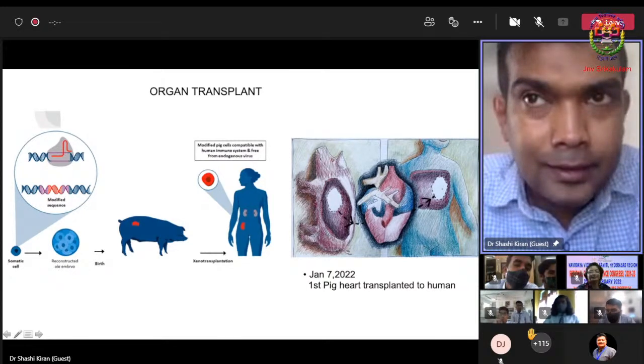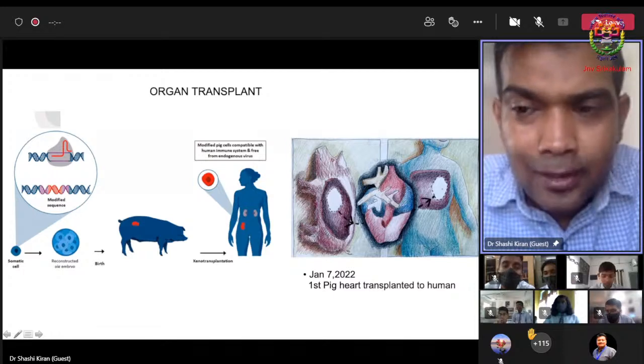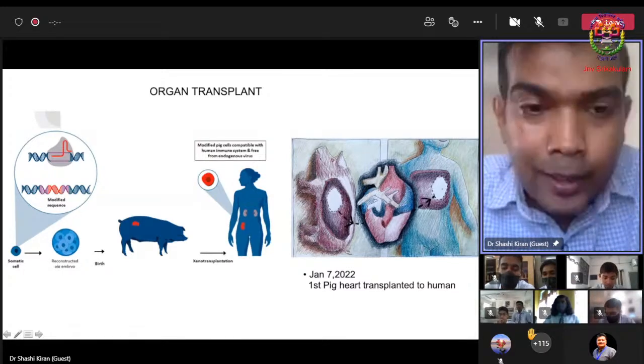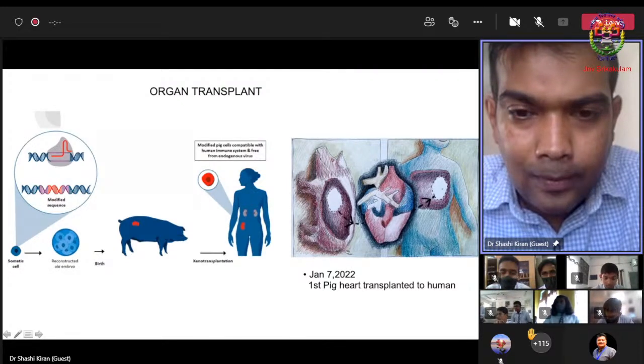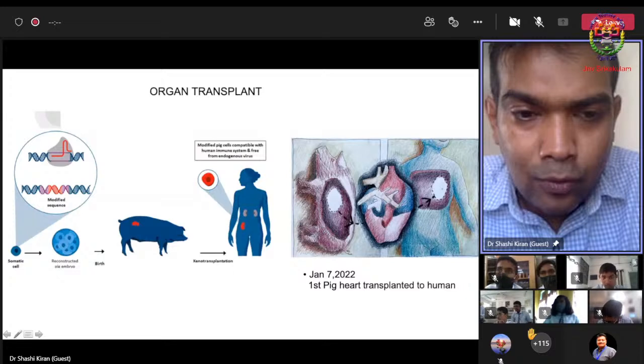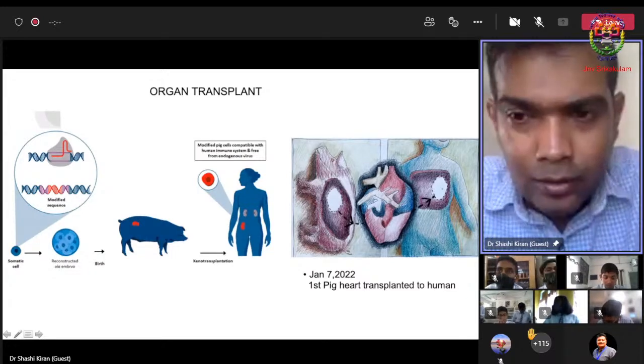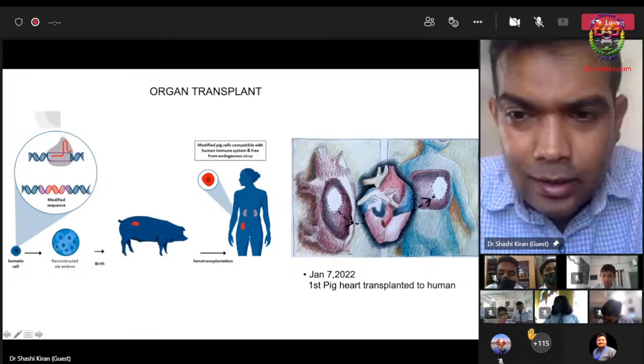There are many reasons. The first and most important reason is that the organs of pigs are anatomically and size-wise very similar to humans. If you consider the anatomy of a pig heart, it's very similar to a human heart.